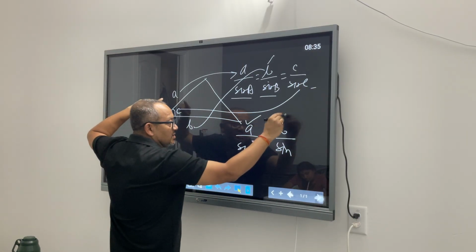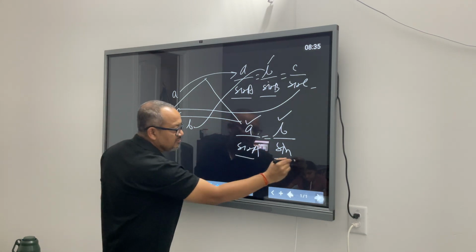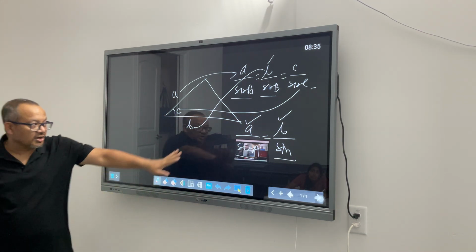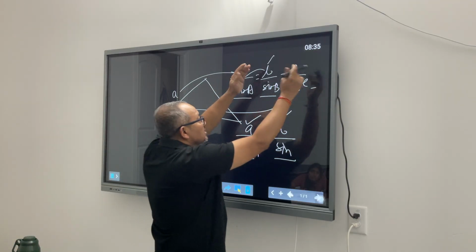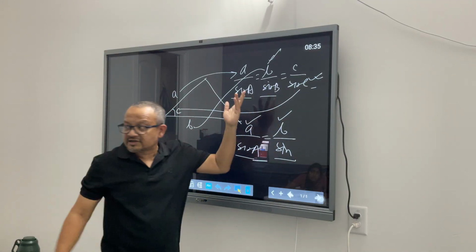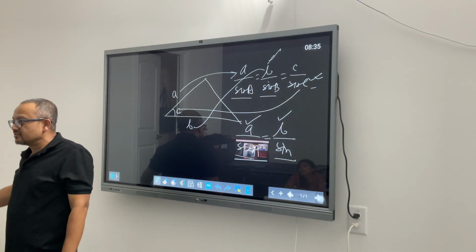Only A and only B. Sine A and sine B are not known, both are unknown. So you cannot derive it. If you take this combination, B is known and sine C is known but these two are not known. You are just getting a ratio. From any equation, you cannot solve for two variables if you have only one equation.